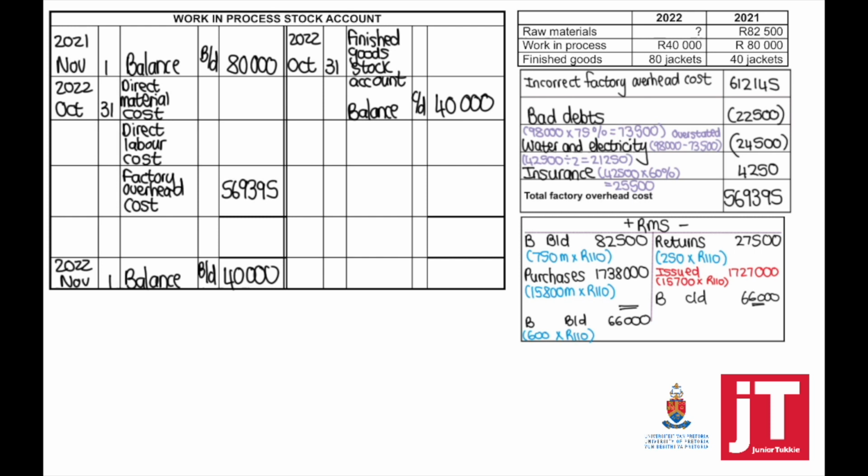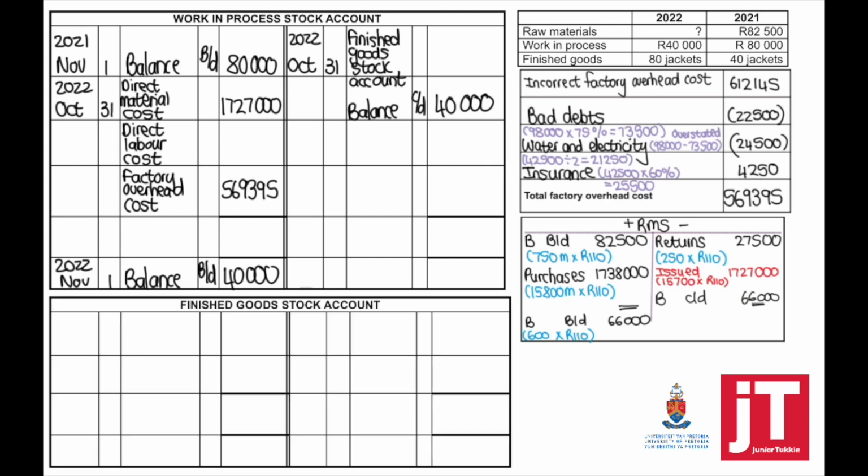An expense in a manufacturing business is closer to the cost account. The cost account is direct material cost. So we can say direct material cost, we've calculated, when we calculated the raw materials issued, 1,727,000.